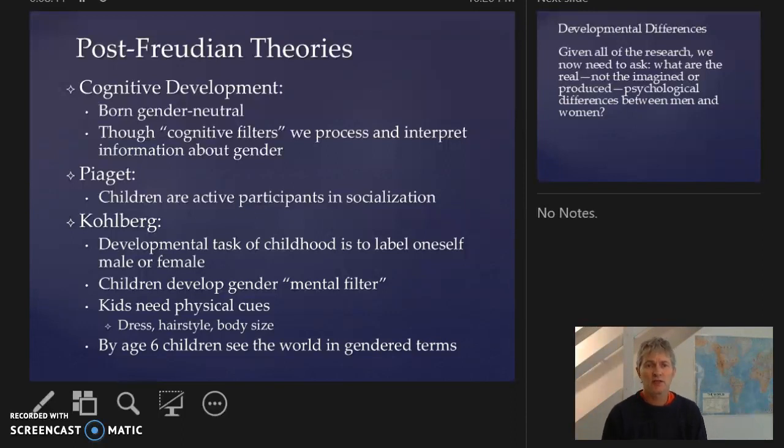This also brings us into theories of cognitive development. Cognitive development being a development theory that essentially says that we're born gender neutral, so much to dispel some of the idea that gender is natural. These folks say no, we're pretty much gender neutral when we come into the world, but it's through certain cognitive filters that we process and interpret information about gender.